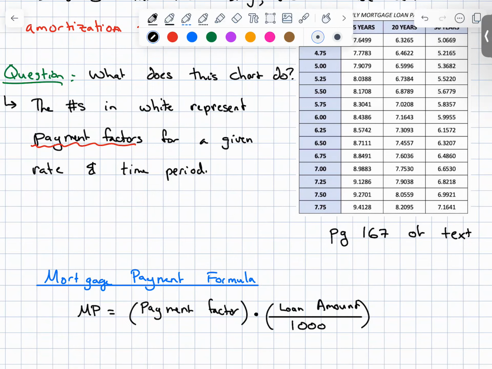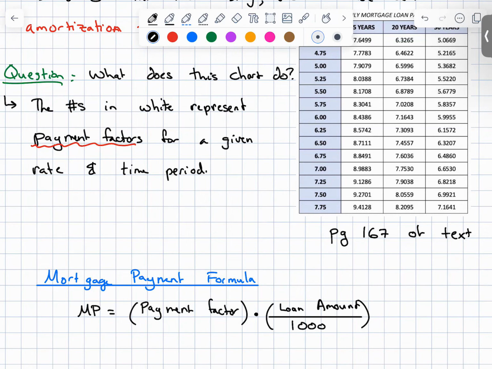That is what this does. It figures out what you should pay per $1,000 of your loan. So that's why it says loan amount divided by 1,000, because you're figuring out how many 1,000s go into your loan amount. And then you multiply that by the payment factor. I'll show you how to do this with some problems.